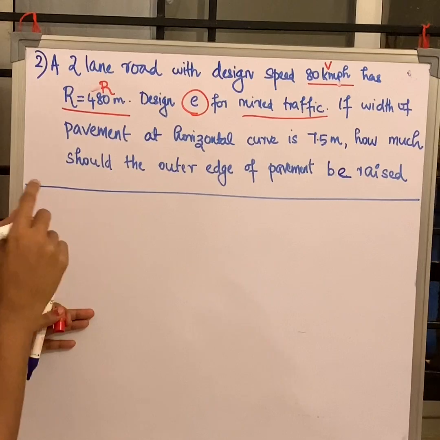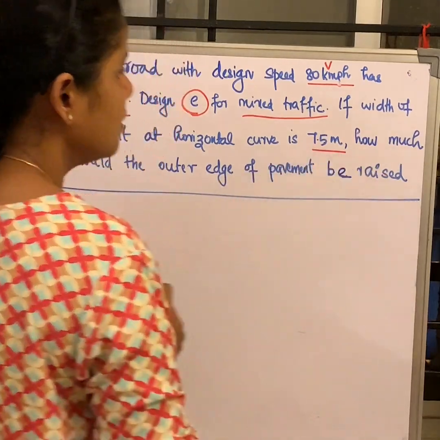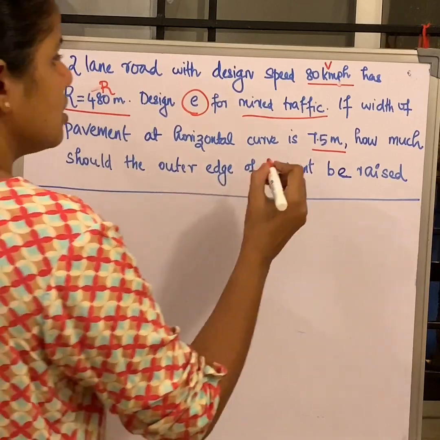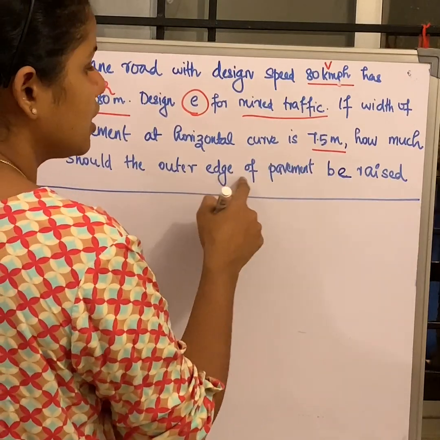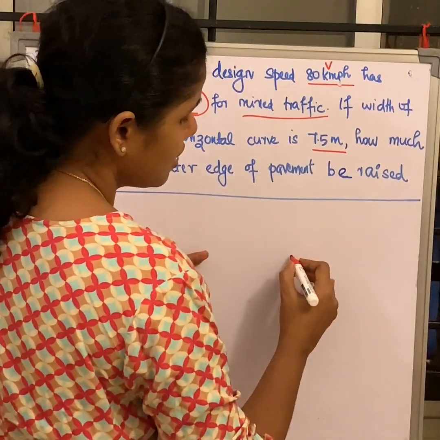Now, the width of the pavement at the horizontal curve is 7.5 meter. How much should the outer edge of the pavement be raised? So what is the question asked?